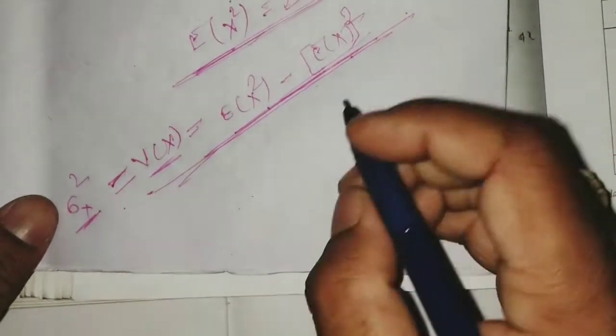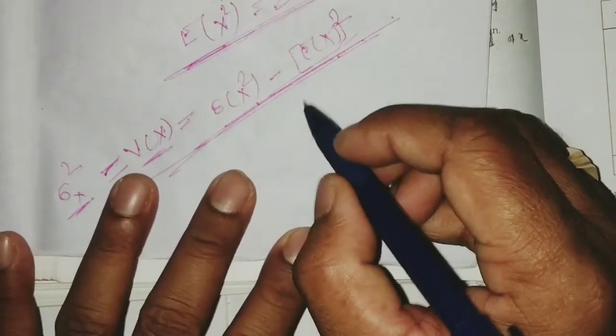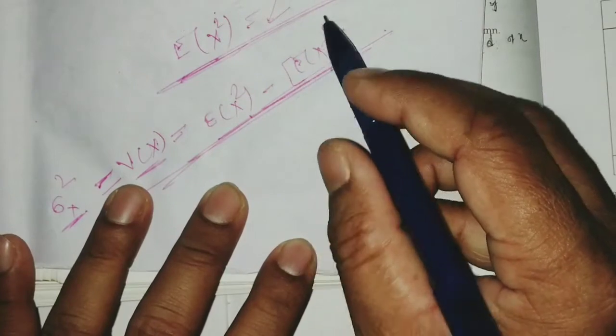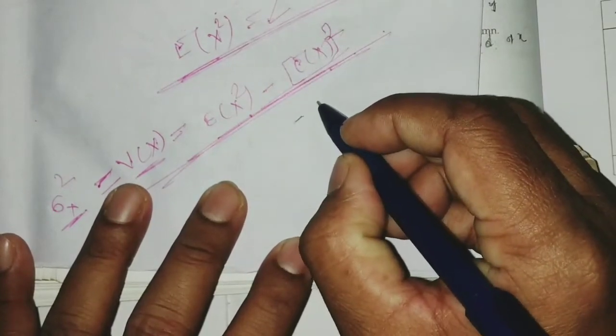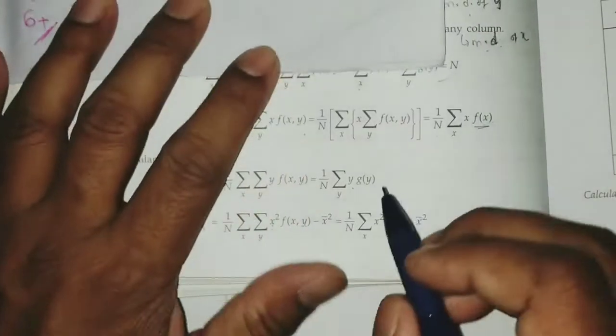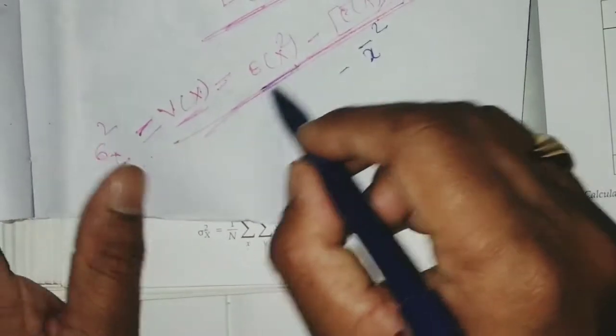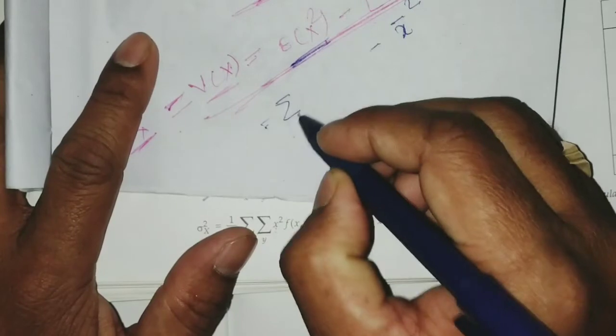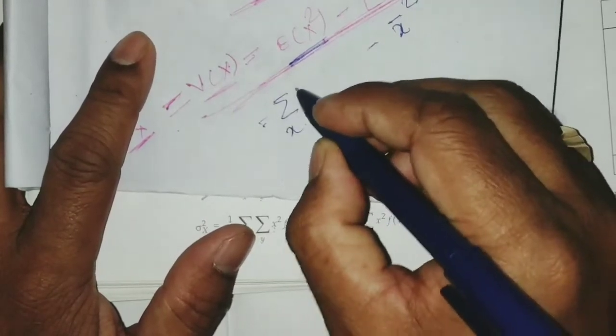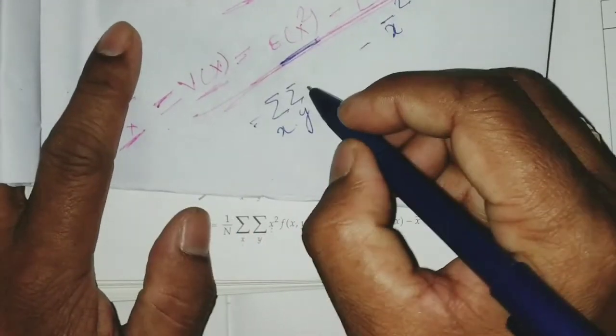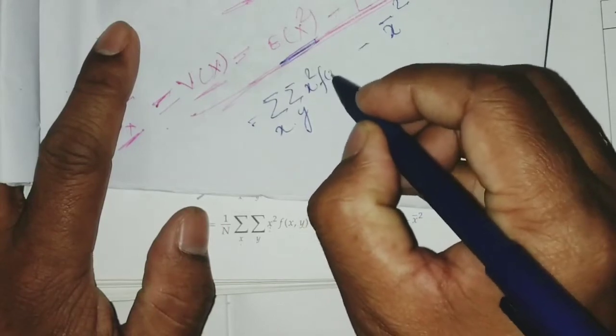So here this expectation of x square can be written as x mean square, whatever written like here. Okay, and this is nothing but summation over x and summation over y of x square f of xy.